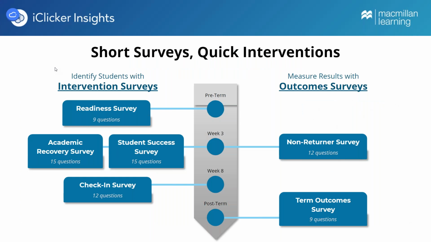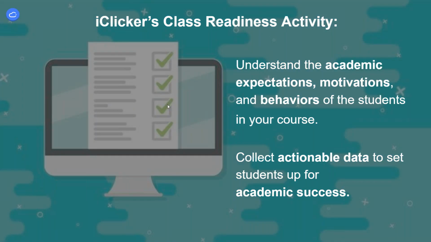And so we have these short surveys, and these, I will say, are not meant for individual instructors. These are surveys that your retention team can send out to students, or your first year experience college success course could share with students. But I just wanted to show you this and show how it led to us creating something for instructors.